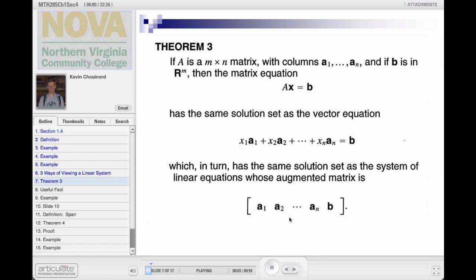Here, Theorem 3 is the theorem that solidifies the fact that these representations are all representations of the same linear system.